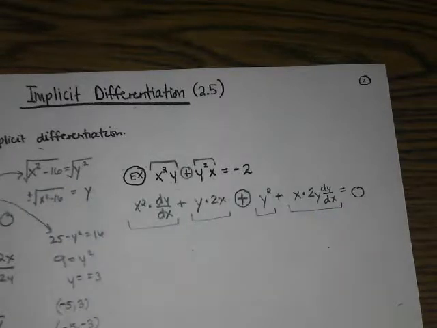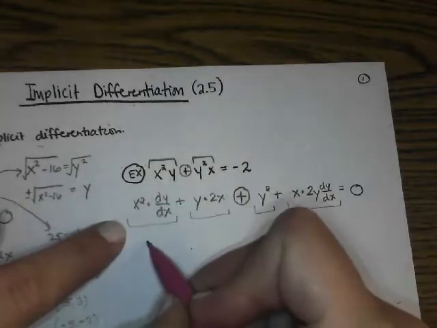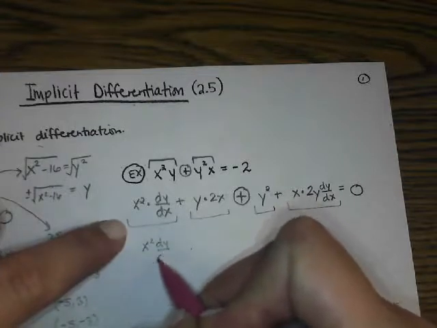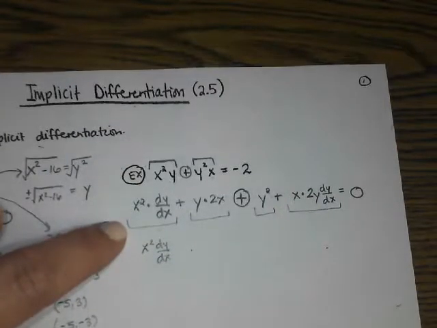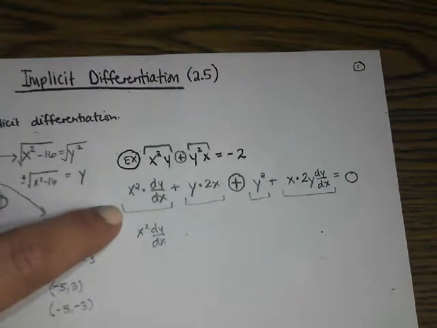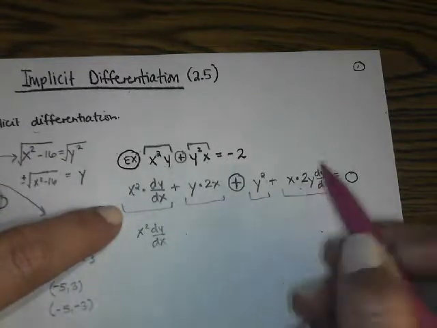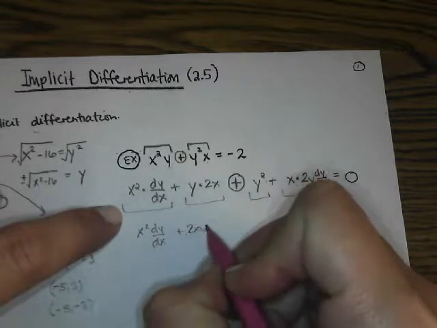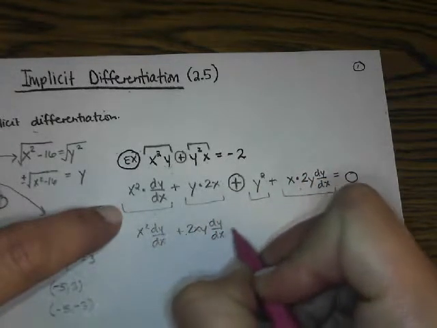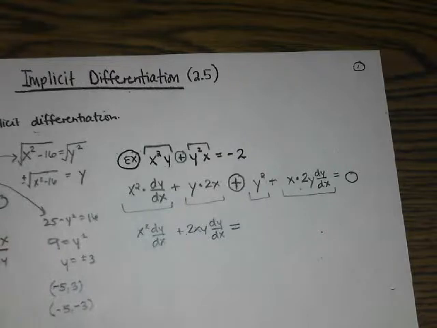So I'm going to keep the x squared dy/dx, and the 2xy dy/dx, equals, but I'm subtracting over the y squared, so negative y squared, and I'm subtracting over this 2xy.